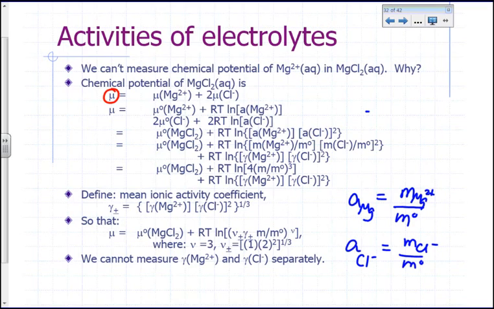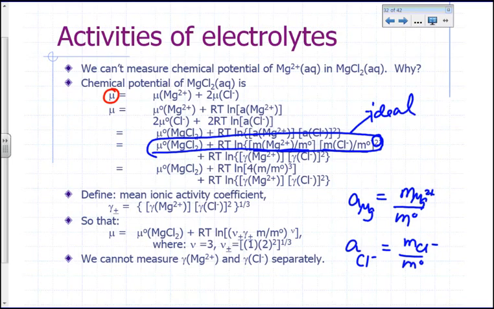So you have the activity of magnesium right here, and you have the activity of chloride squared. Now, this is the expression you get if you have an ideal solution, right?